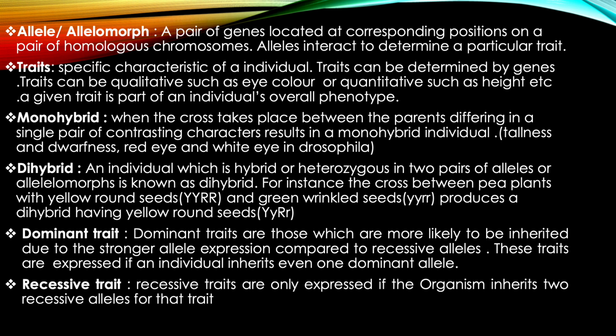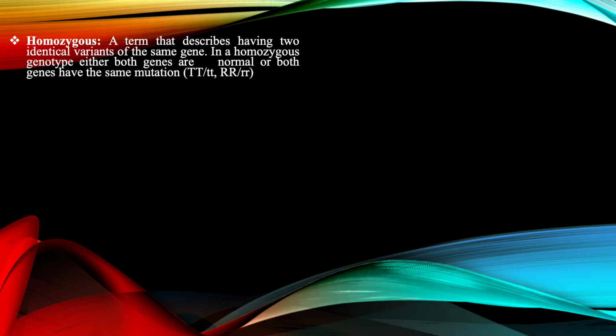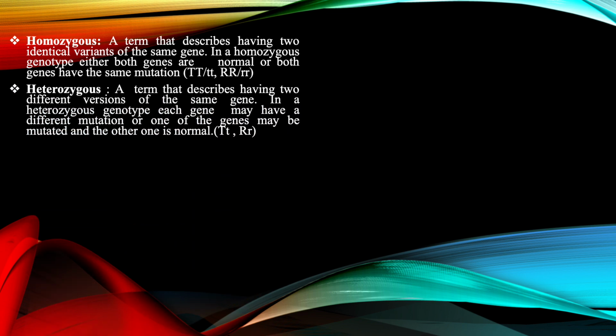Recessive trait. Recessive traits are only expressed if the organism inherits two recessive alleles for that trait. Now, homozygous, a term that describes having two identical variants of the same gene. In a homozygous genotype, either both genes are normal or both genes have the same mutation.